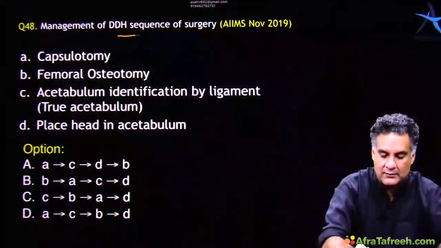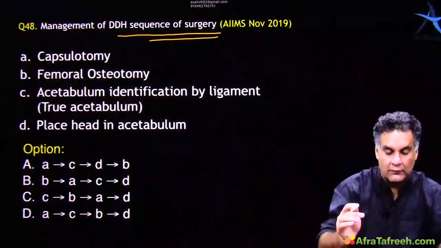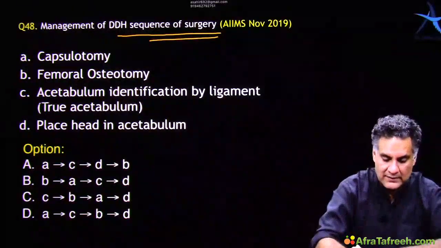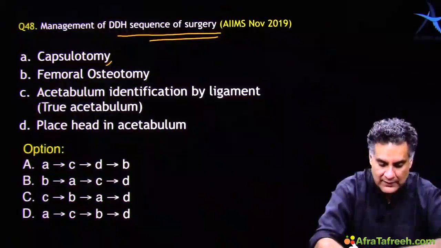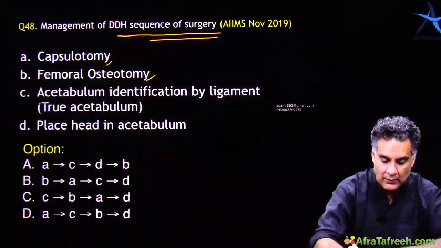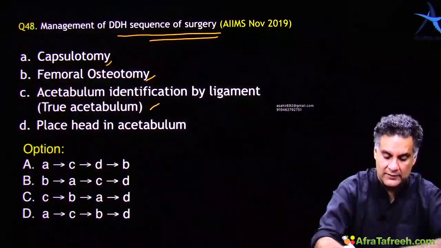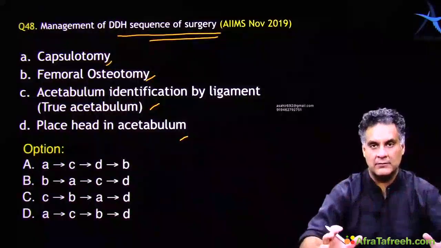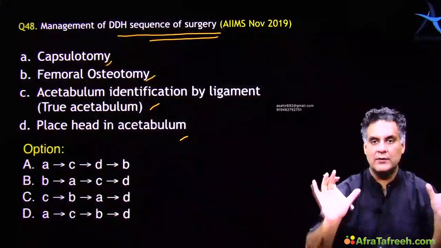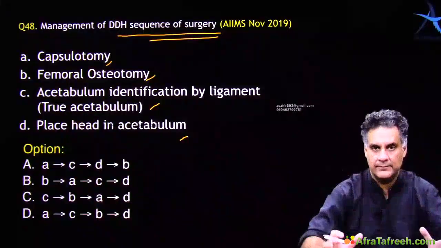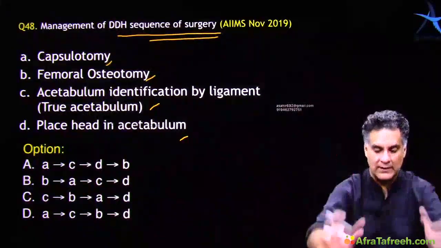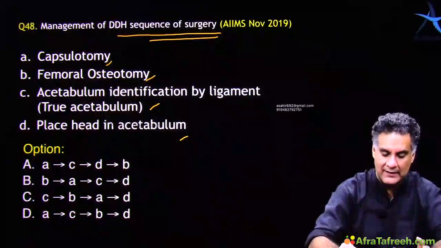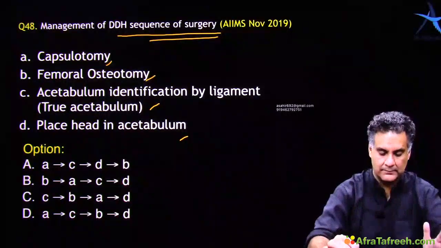Management of DDH, sequence of surgery. So what will you do first? Will you open the capsule first? Will you correct the acetabulum first, or the femur first, or place the head in the acetabulum? What I'll do is open the capsule. The first thing I will do is open the joint. Once my joint is opened up, I will identify where the acetabulum is.